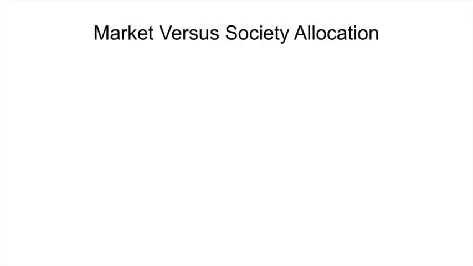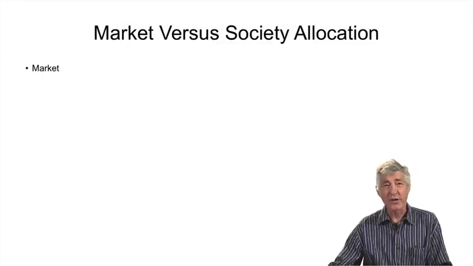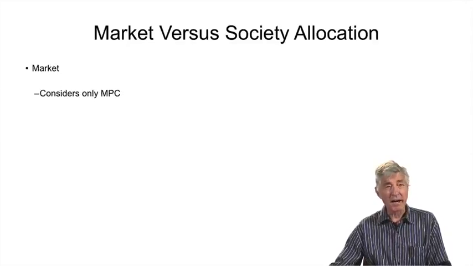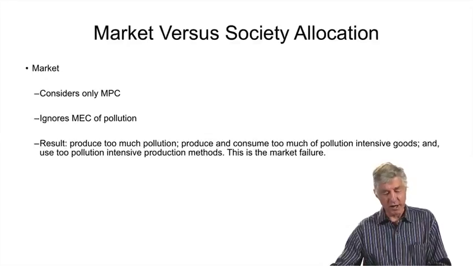So let's pull this story together. Let's compare the market solution with the society allocation. The market considers only marginal private cost. It ignores the external cost. It results in too much production and pollution of pollution-intensive products.